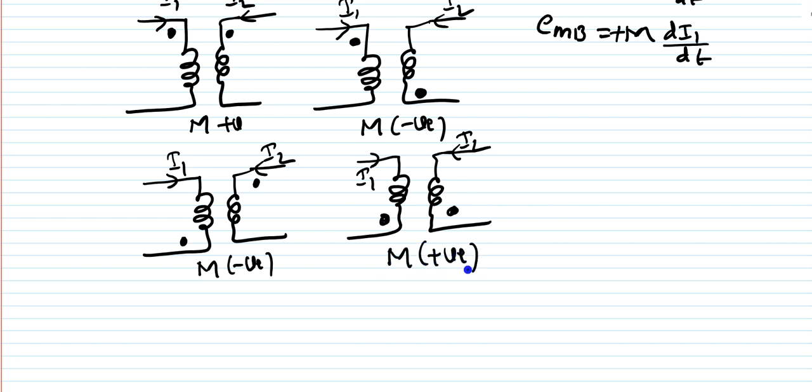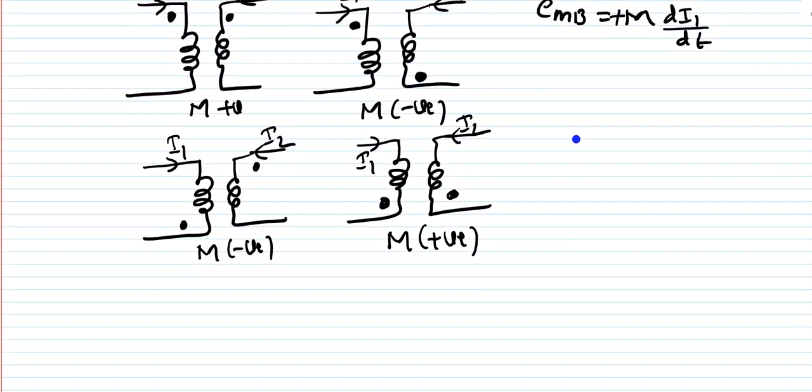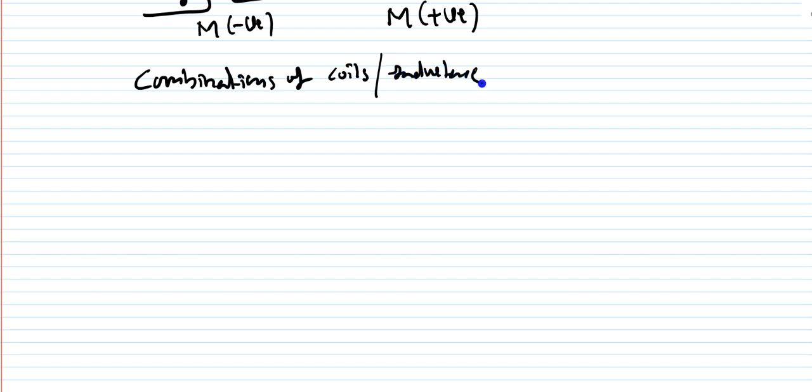Like this you can define the different scenarios. Now we are going to see the different combinations we have: combinations of coil connections, or you can say inductance connections.